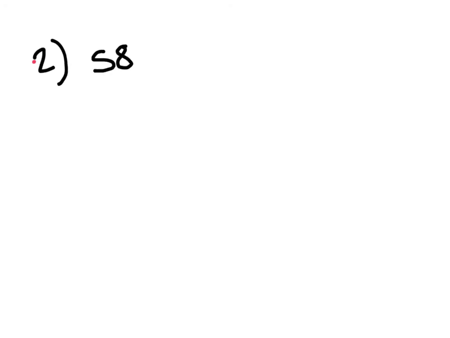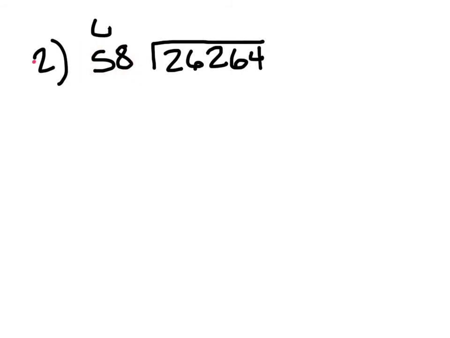We're going to be dividing these two numbers. And the first thing that we're going to do is round up the 58 to a 60. And we're going to say, how many times does the 6 go into the 26?